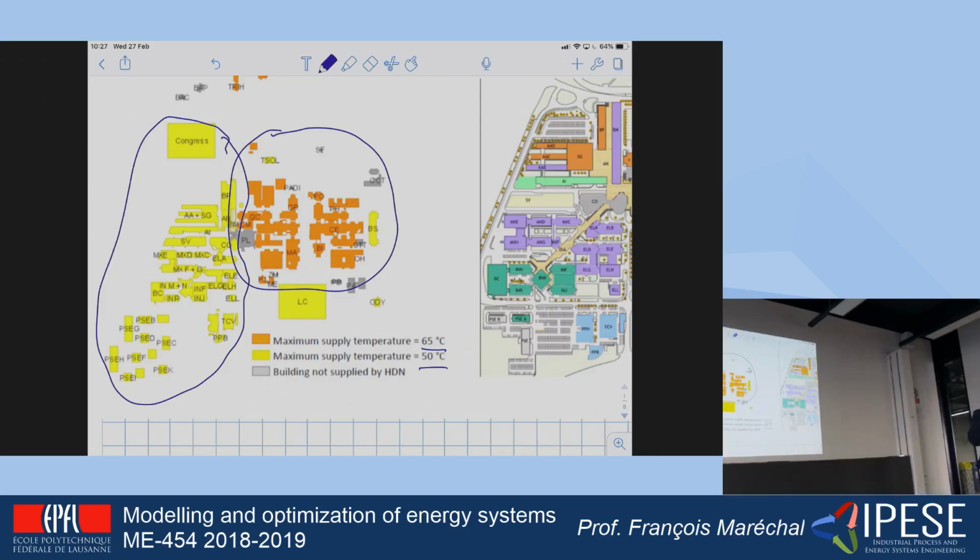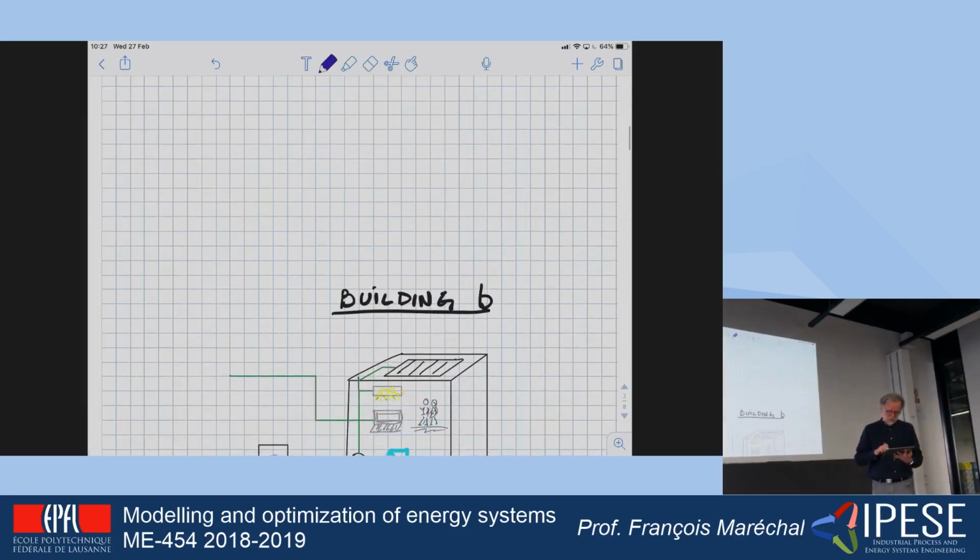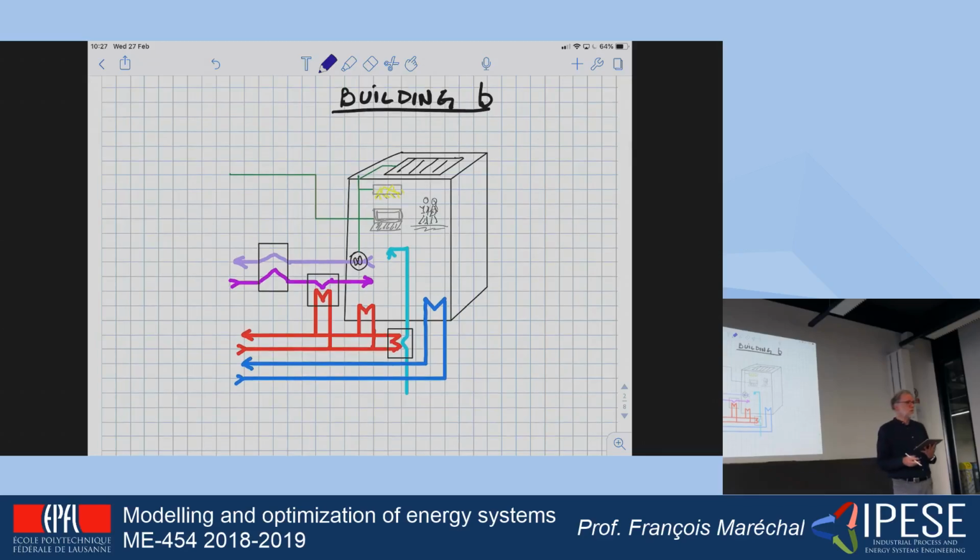Okay, so now let's go into the buildings to see what is going to happen so that we will be able to define what are the needs of the different buildings. Okay, so if now I'm going down and I'm going to look at one building, I'm going to have a look at what are the energy needs of a given building.